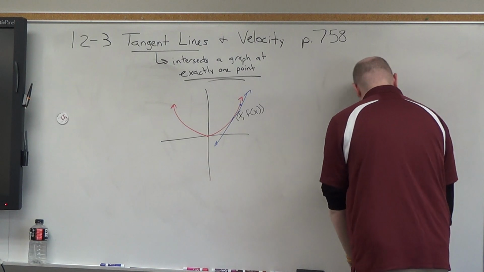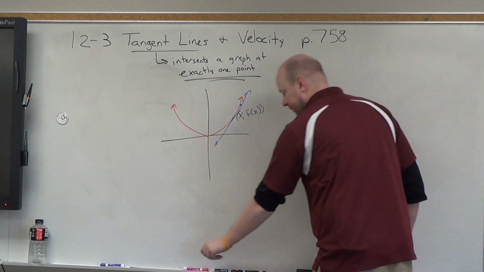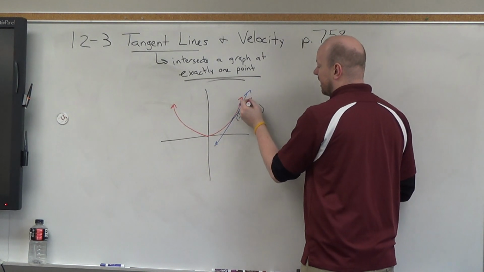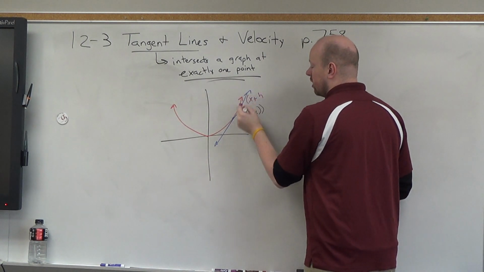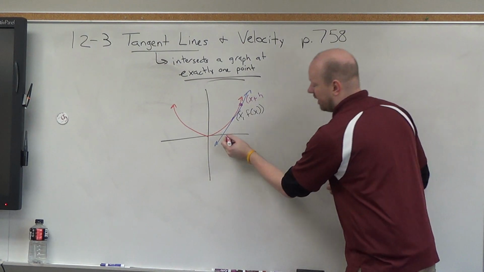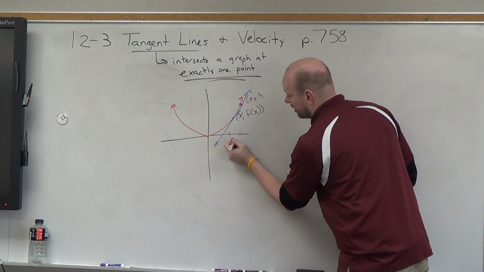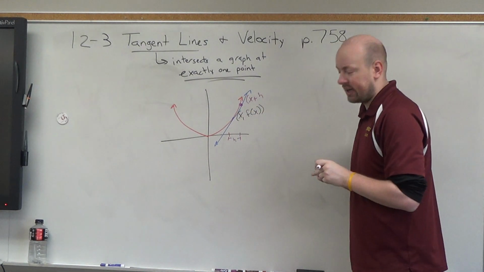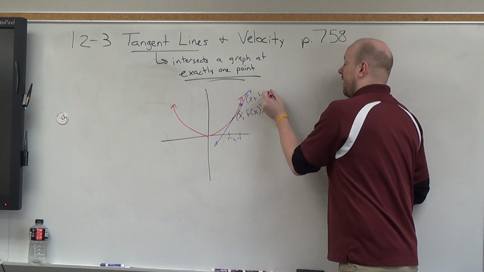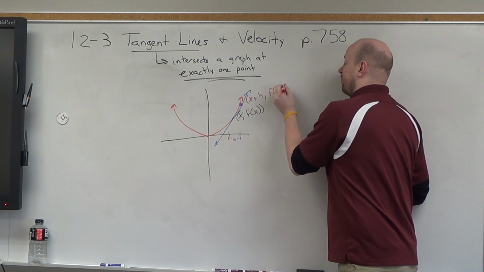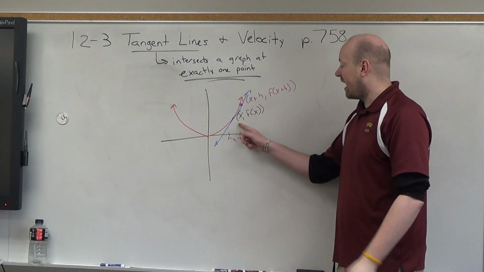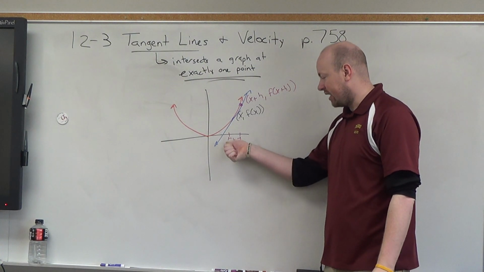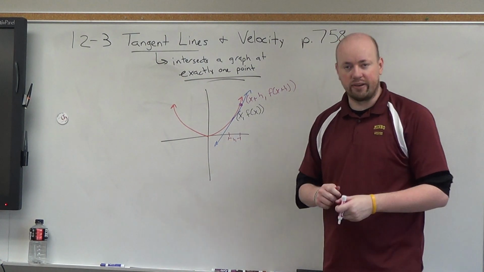Our second point is some new value, let's say x plus h, because it's still going this way, so it's plus some value h, the difference between our first coordinate and our second coordinate in the x spectrum. And then it would be f of x plus h, because I'm not plugging in the x value anymore to get an output. I'm plugging in whatever my x is originally, plus my h difference.